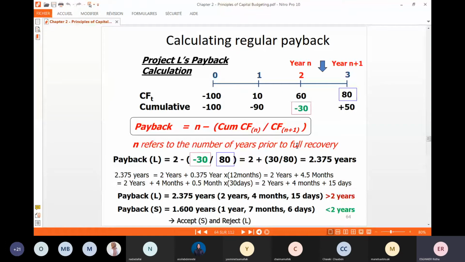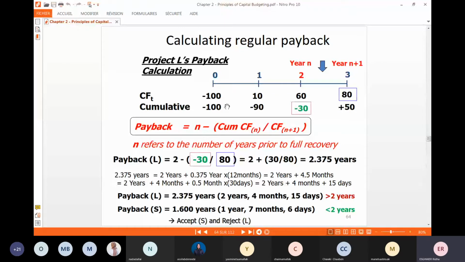Donc, a discount rate that we will use to compute the value today of 10, the value today of 60, the value today of 80 at the date 0. In that discount rate we will include the interest charges, the interest rate and the cost of the capital used to finance the project.